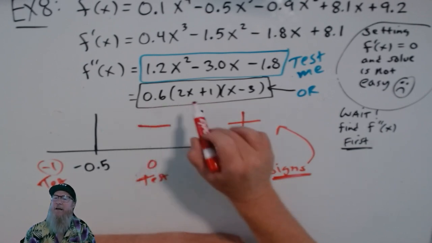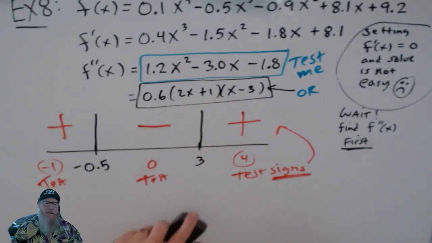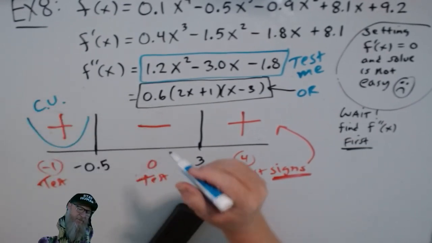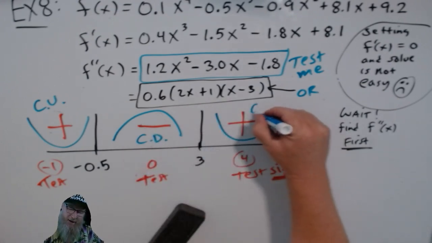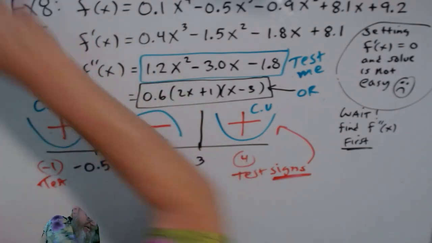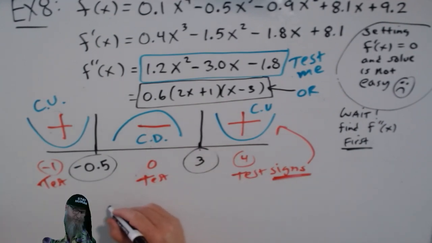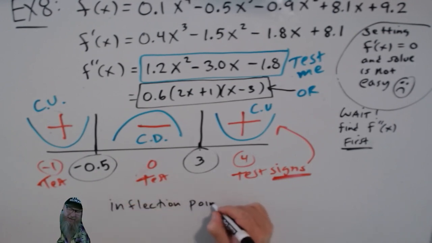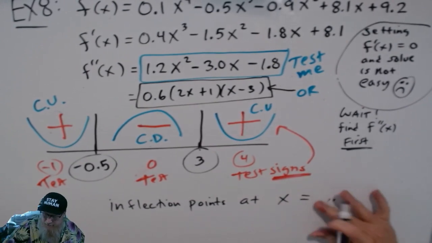So I have a positive, a negative, and a negative. Well, that's a positive. So that means this graph is concave up, CU, concave down, CD, and then concave up, CU. And so these are in fact genuine inflection values. What we usually say is there are inflection points at both of these values.